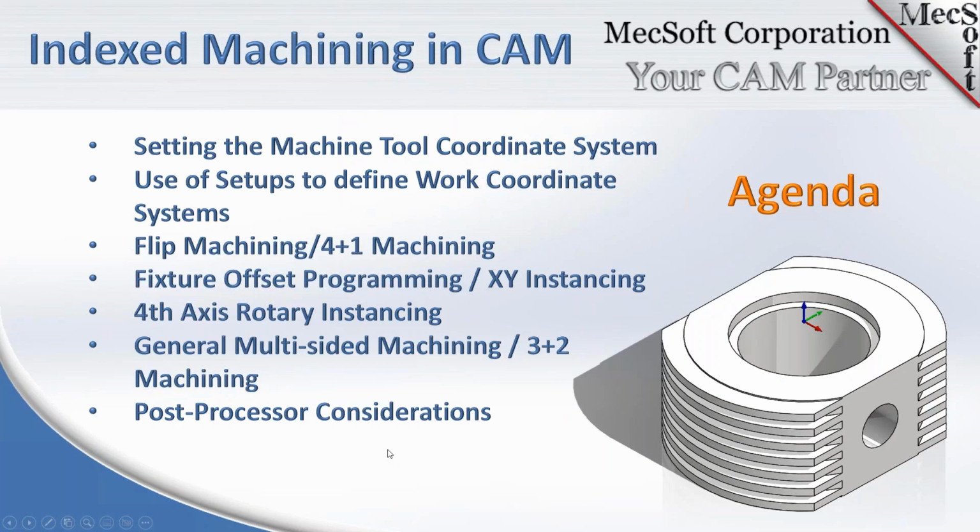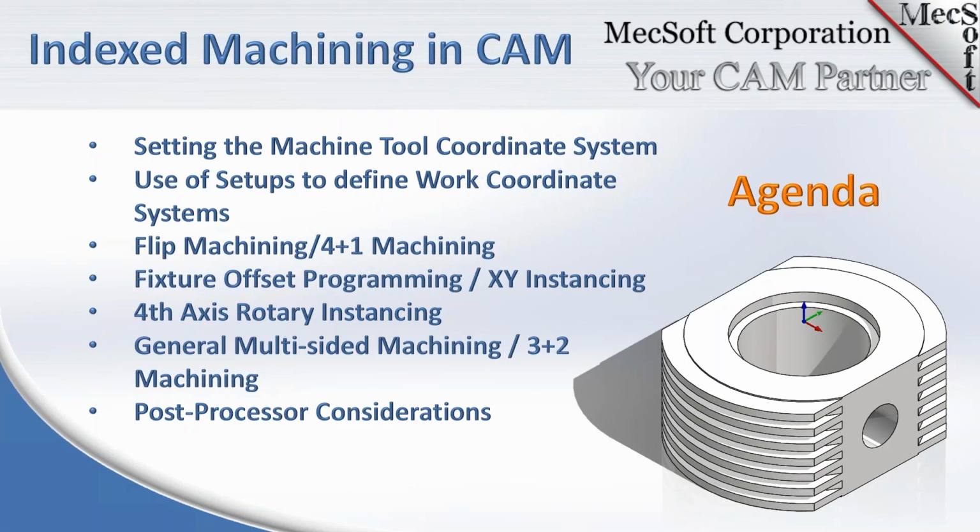So as far as the agenda today, we're going to be starting with showing you how to set up the machine tool coordinate systems, use of setups to define work coordinate systems, and then we're going to be showing you the flip machining, and also a little bit of 4+1 machining after that, and then fixture offset programming, XY instancing, and there might be a little bit of a change here in the agenda.